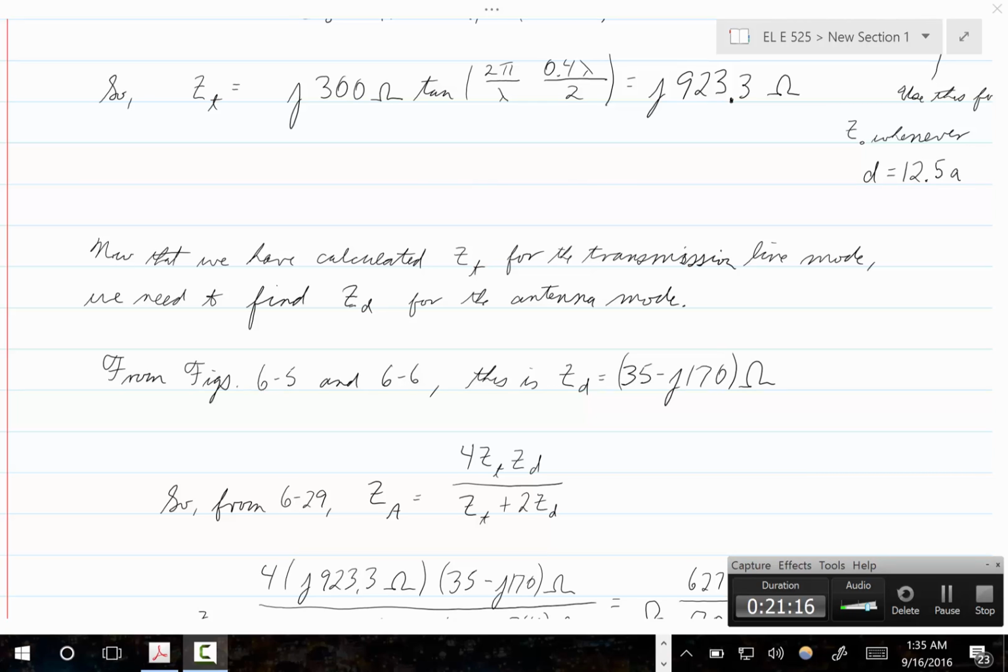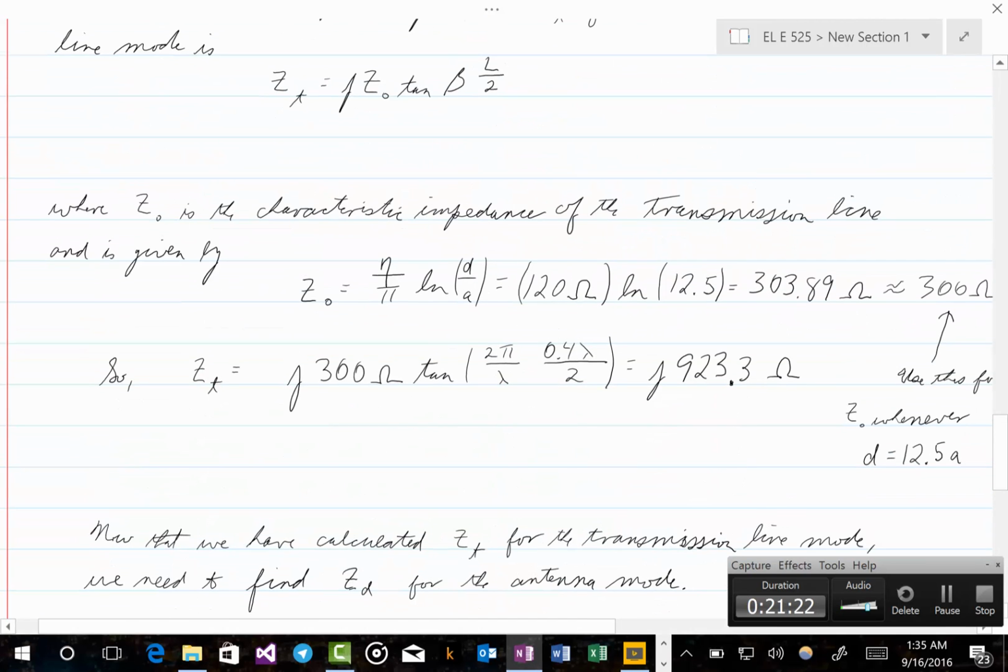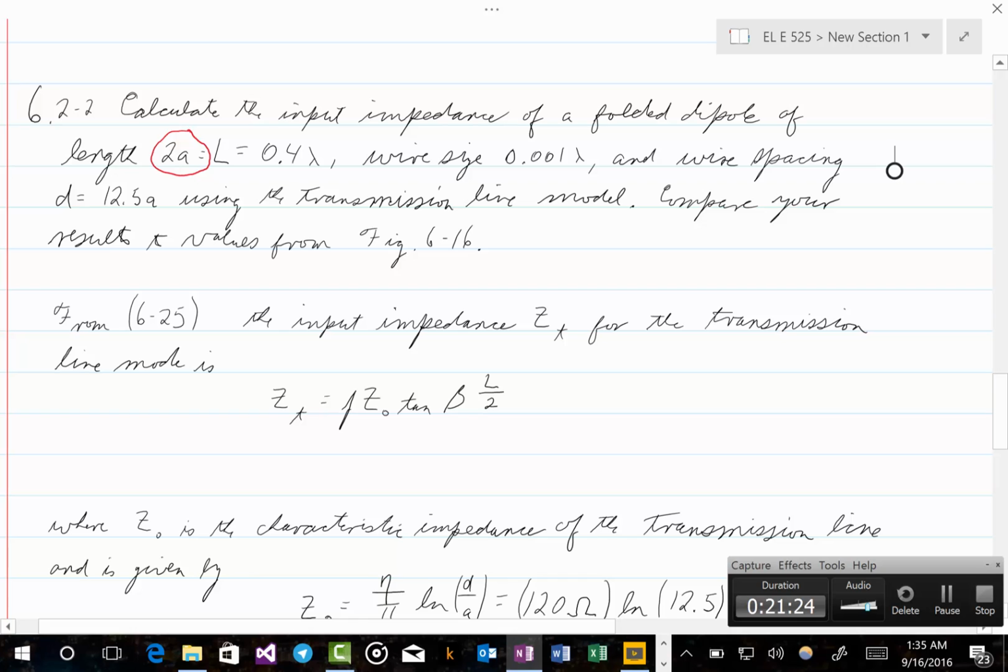if you look at those figures 6-5 and 6-6, as I was saying, those figures pertain to the case where D is 12.5λ and the wire size is 0.001 lambda, or the radius is 0.0005 lambda.